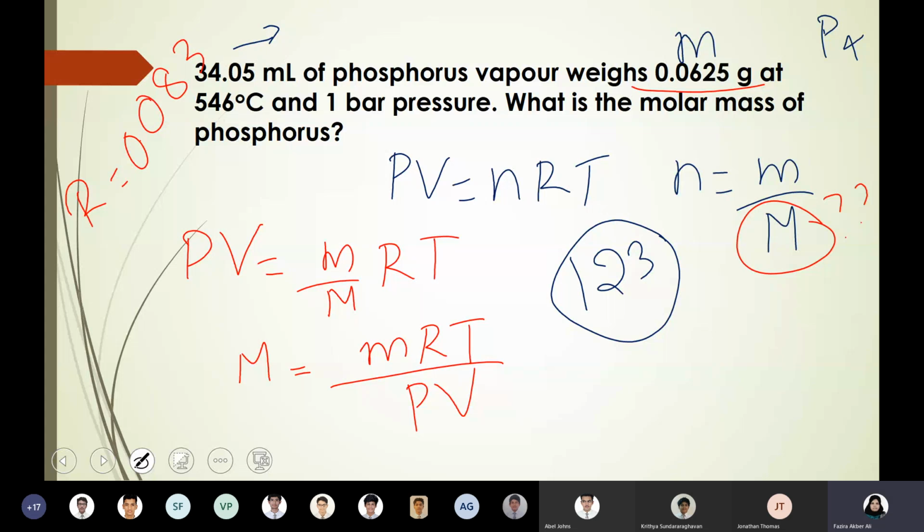So we should be getting close to 123, maybe 122 or 124. A slight difference will be there because most of the values we use are rounded. Say, for example, the Kelvin scale is actually 273.15, but we take 273 for rounding. So you won't get exactly 123, and that is okay, but you should get something close to that.